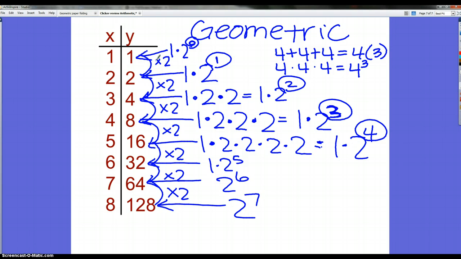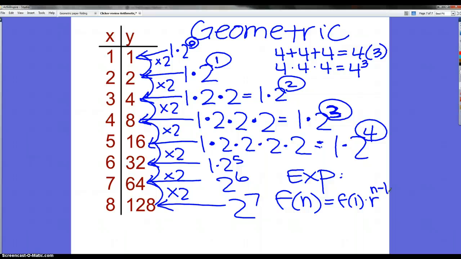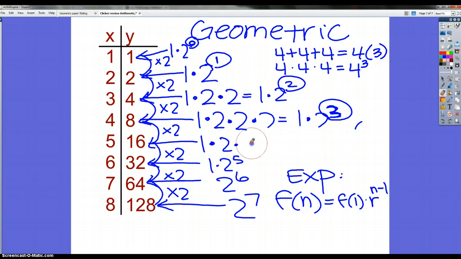So for a geometric sequence, the explicit form is f of n equals f1 times r to the n minus 1. Sorry, hopefully you can see that. For our pattern, I have to erase some of this.